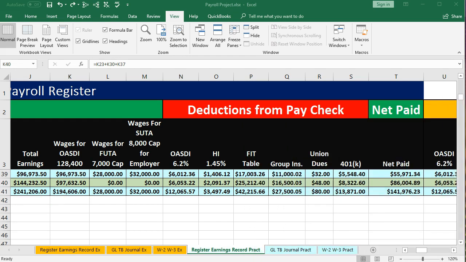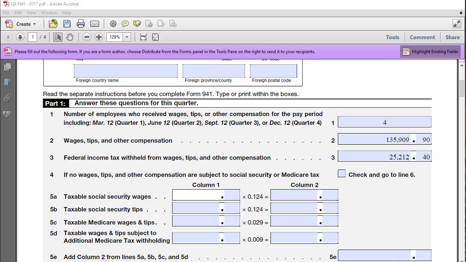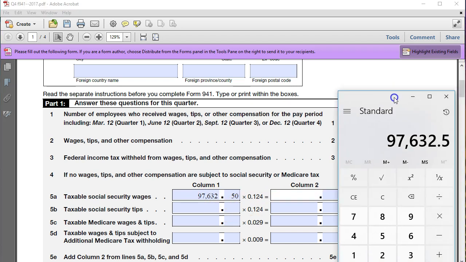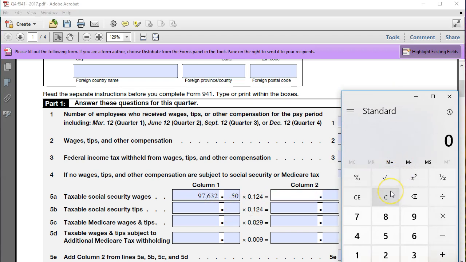So we're going to pick up that 97,632.2 that we'll put over here in our 941. 97,632.50. We'll multiply that times the 0.124, which again probably isn't a percent that's been drilled in your head if you've been working this whole problem, as is the percent of 0.062, and that's our Social Security for the employee and employer portion.